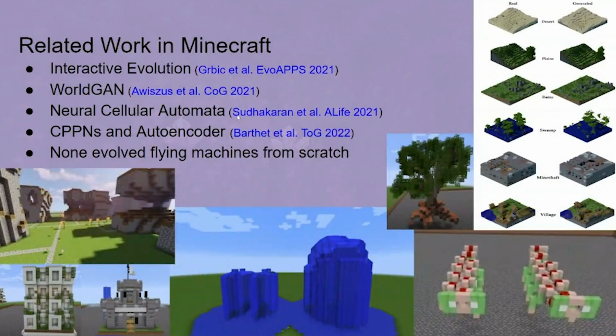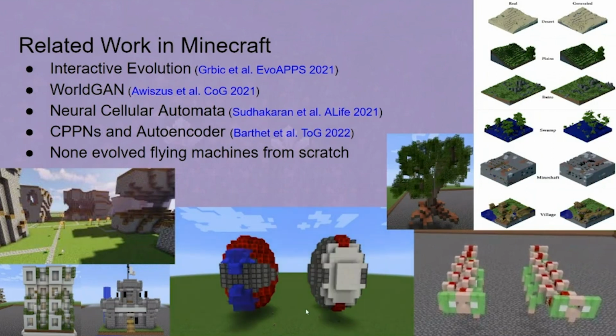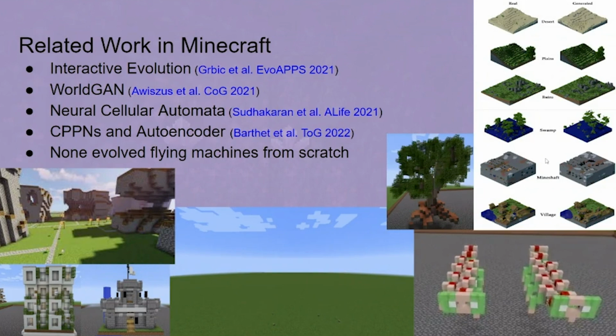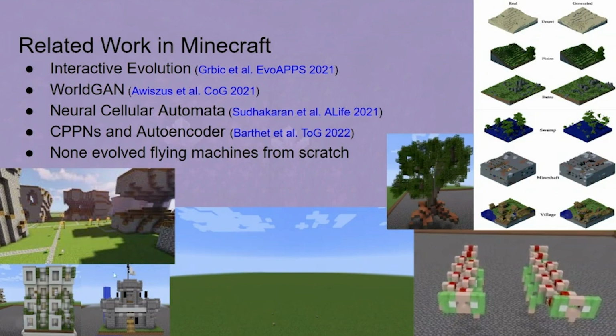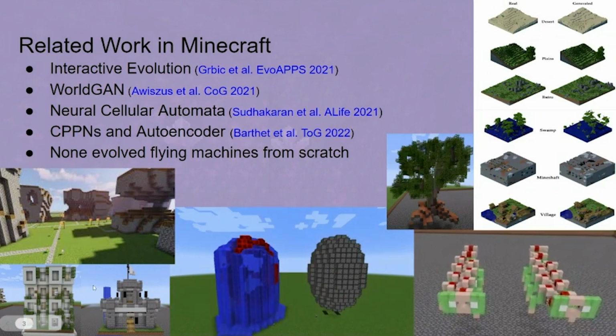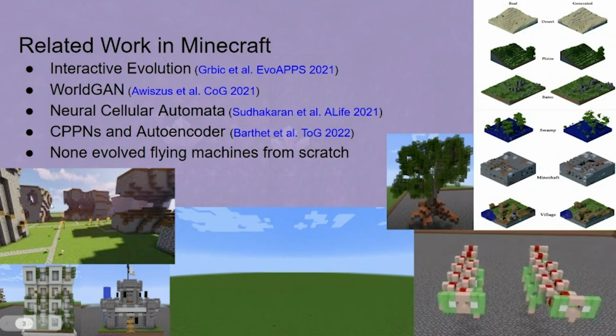And here are some examples of some of the previous work that has been done in Minecraft. At the bottom, with this moving image, is interactive evolution. Over here at the right, we have an example of WorldGAN. The little worms, the tree, and the two castles are an example of neural cellular automata. And over here, we have an example of CPPNs and autoencoders.